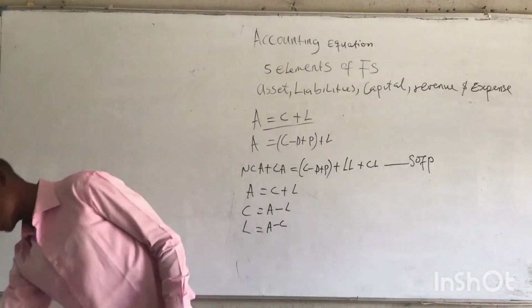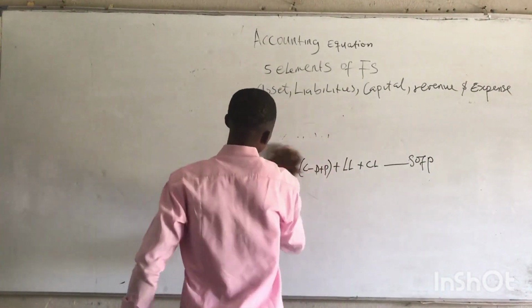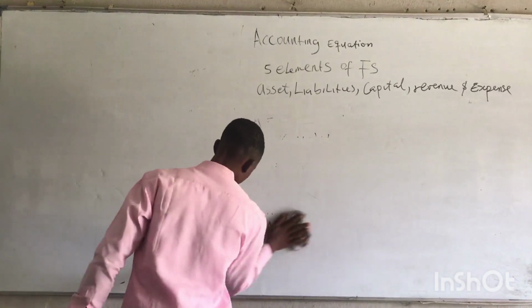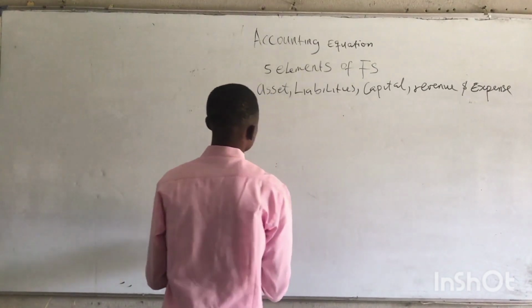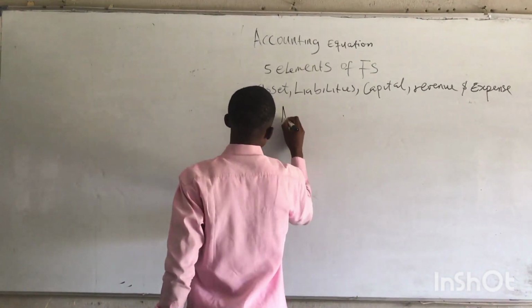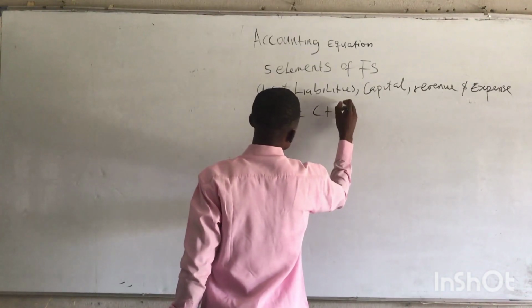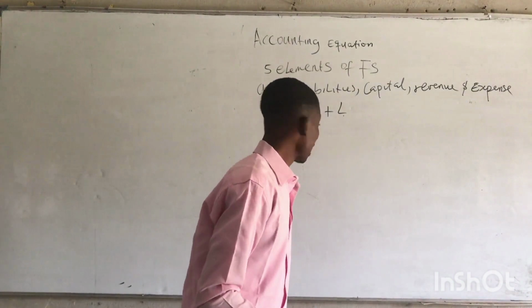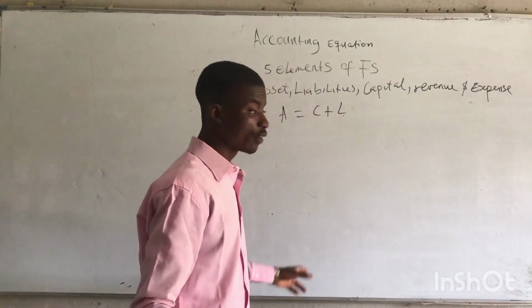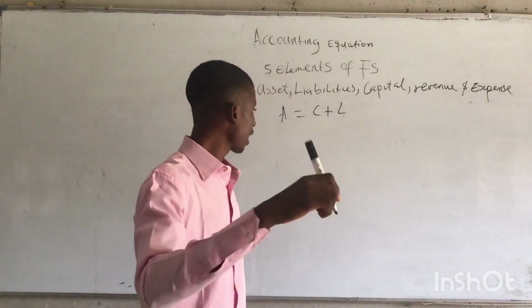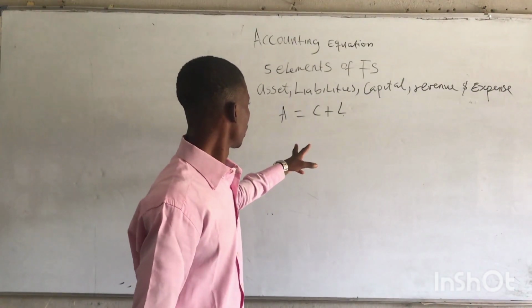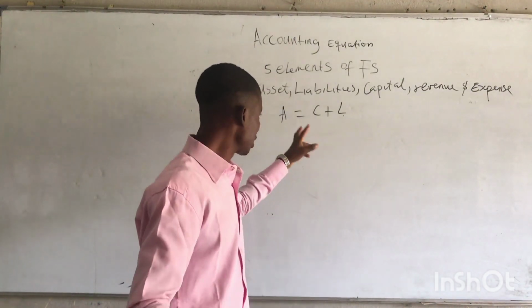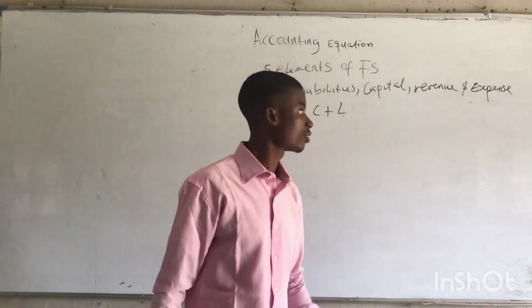Let's take for instance asset equals to capital plus liability. Assuming we have the following transaction, let's see the effect it will have on the statement of financial position.